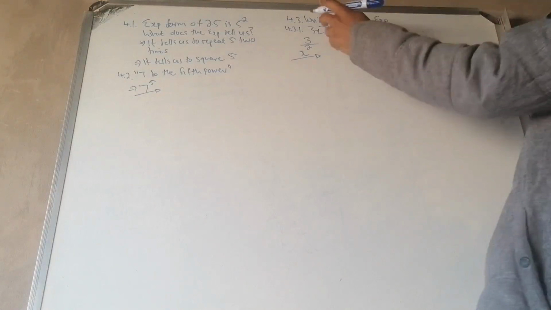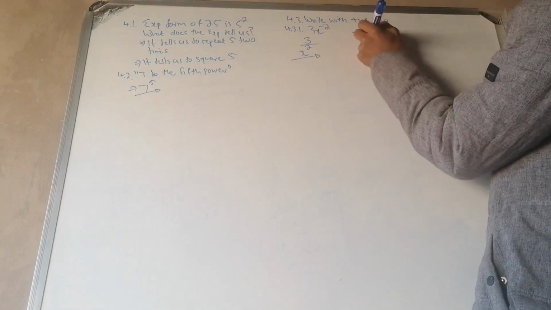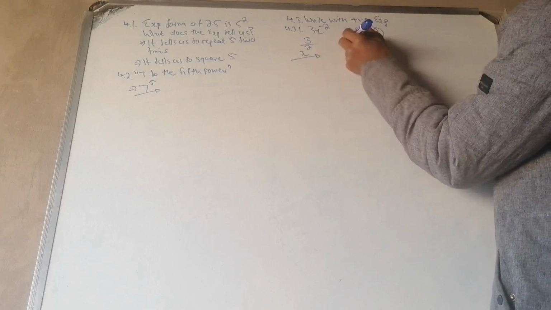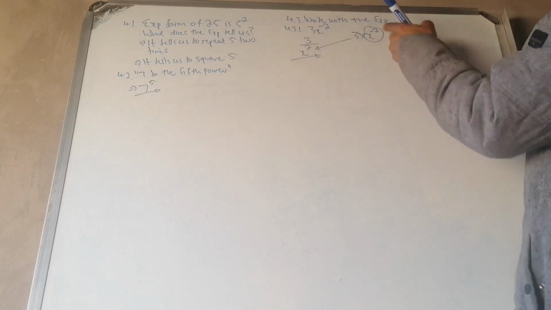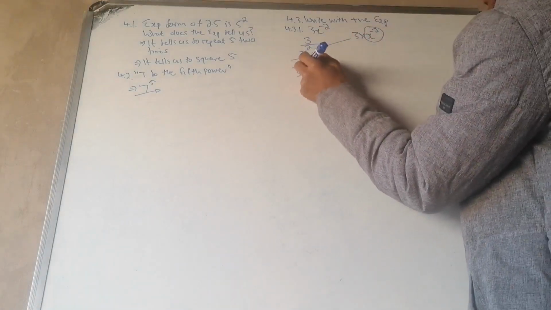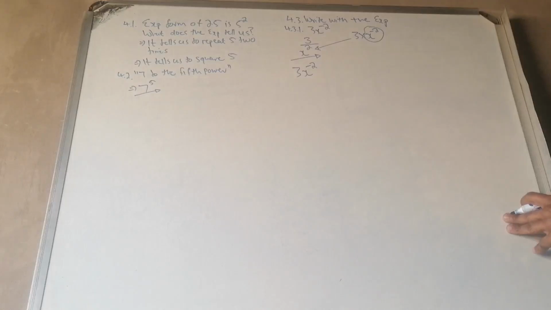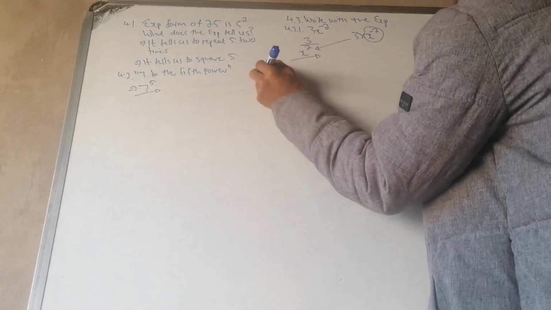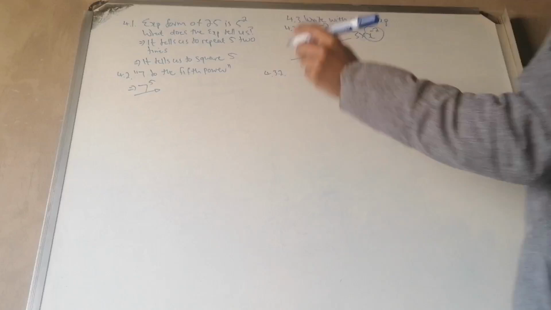Remember the multiplication: when it moves to the denominator, the exponent becomes positive; when it moves to the numerator, the exponent becomes negative. Very important things that one must always take into consideration.